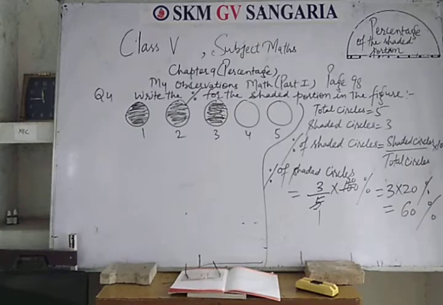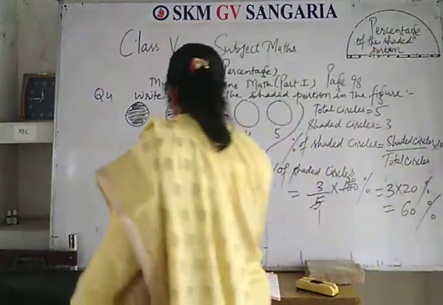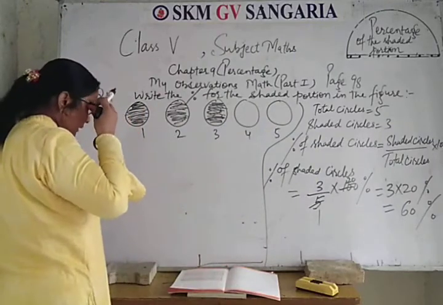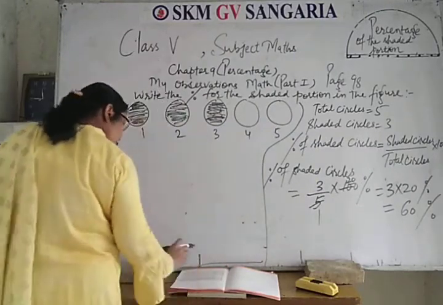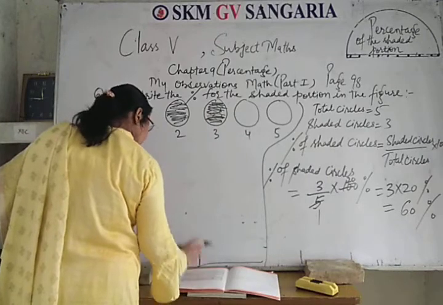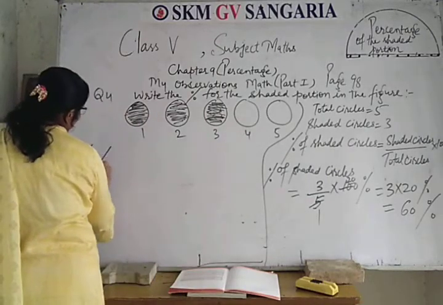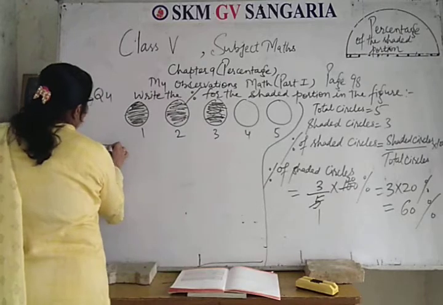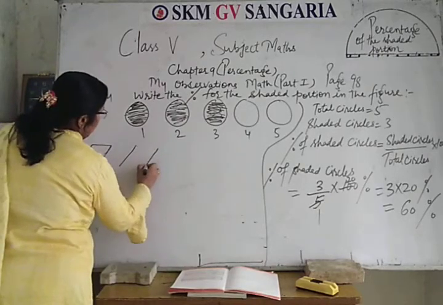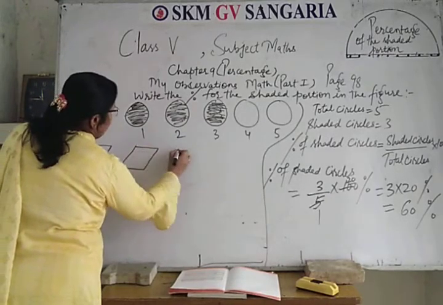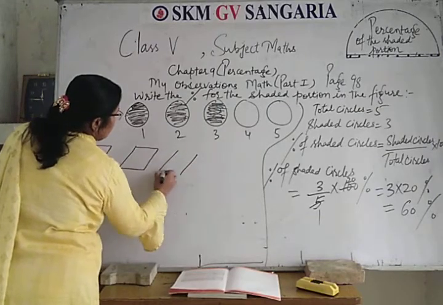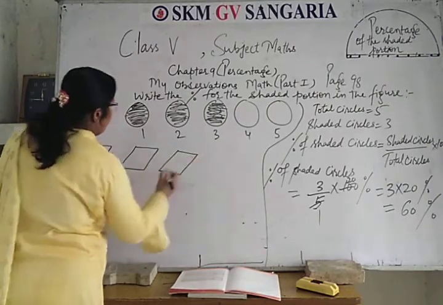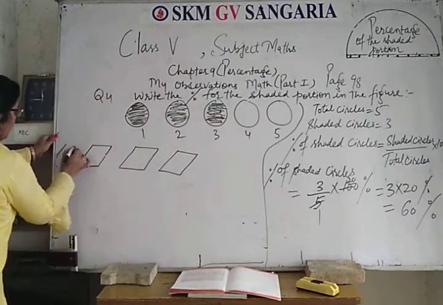This is question number 4. Then comes the other question. These are parallelograms. How many? 1, 2, 3, 4, 5, 6.